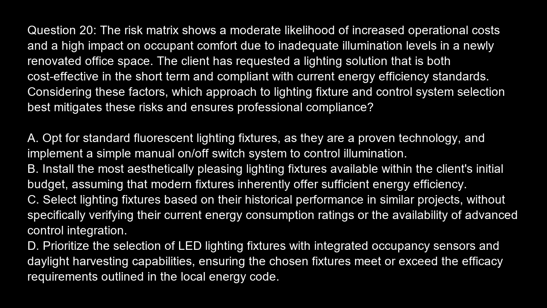Option C. Select lighting fixtures based on their historical performance in similar projects, without specifically verifying their current energy consumption ratings or the availability of advanced control integration. Option D. Prioritize the selection of LED lighting fixtures with integrated occupancy sensors and daylight harvesting capabilities, ensuring the chosen fixtures meet or exceed the efficacy requirements outlined in the local energy code.